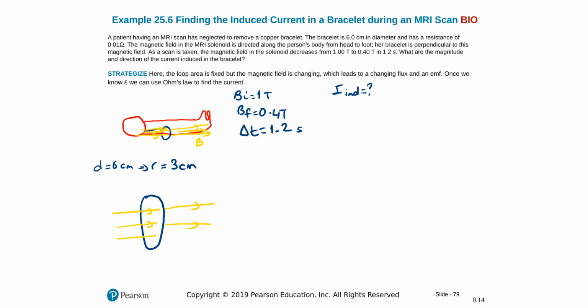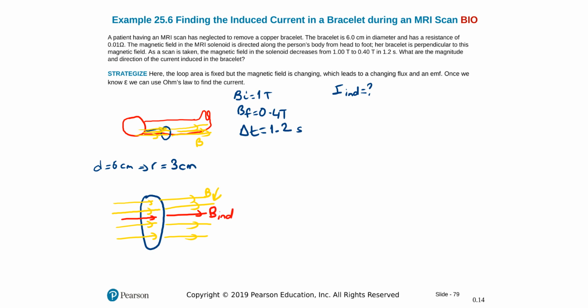So it has a flux. And that magnetic field, what's happening to it? It's decreasing, right? So if this magnetic field is decreasing, my loop will generate a magnetic field in the same direction. So B induced is also to the right.